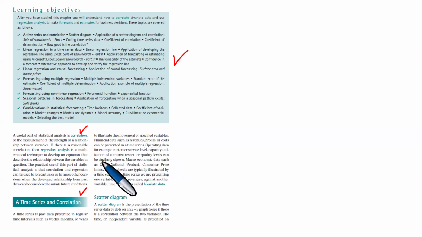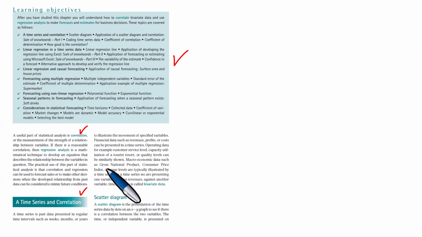Financial data, for instance, such as revenues, profits, costs, can be presented in a time series presentation. Operating data, for example, customer service level, capacity utilization of a tourist resort, or quality levels can be similarly shown.